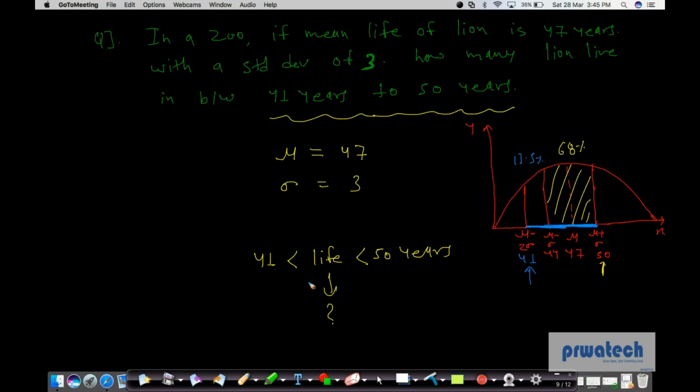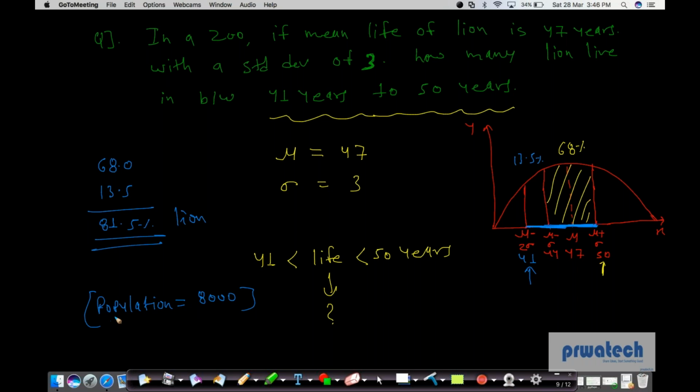So my answer is here: 68% plus 13.5% of lions live in between, which means 81.5% of lions live between 41 years to 50 years. Say I know the lion population in this zoo. If the total population of lions is 8,000 in this zoo, then can you tell me how many lions?